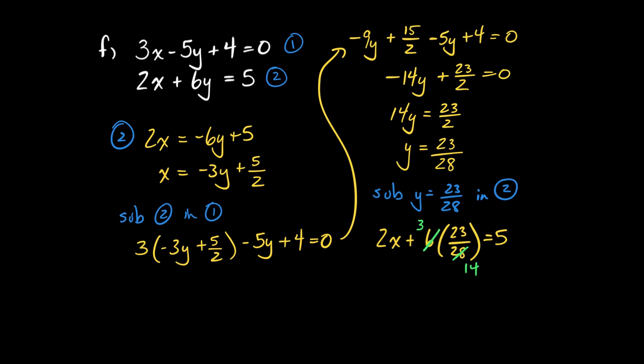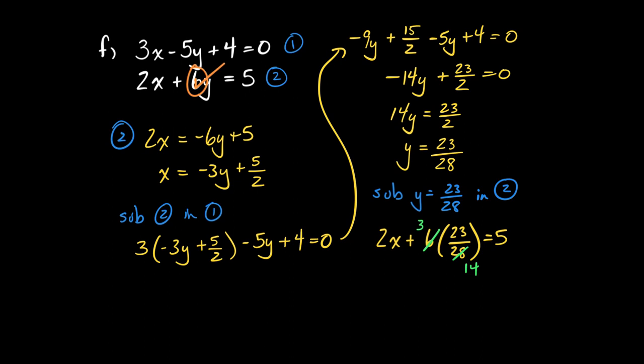So if you look back at my original system, when I had 23/28 and I was trying to decide, do I sub it into equation 1, I can see I'm going to have to multiply by 5. Well, there's no common factors between 5 and 28. So that one told me, don't do that. But if I take a look at equation 2, 6 and 28 do have common factors.